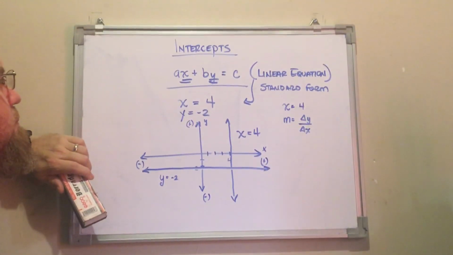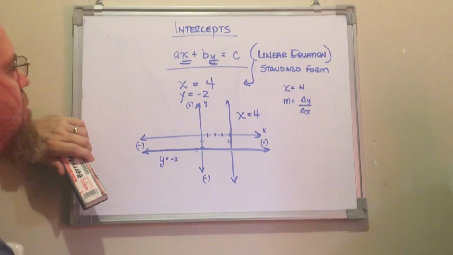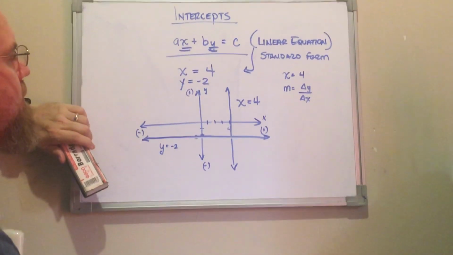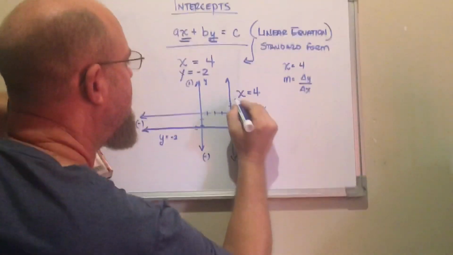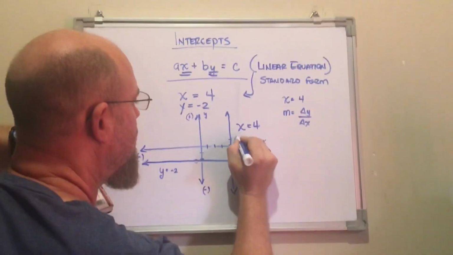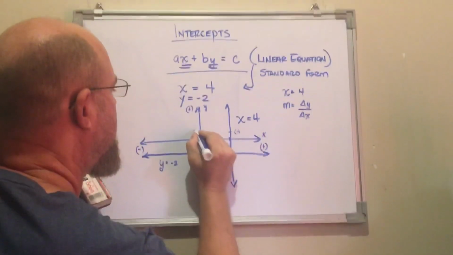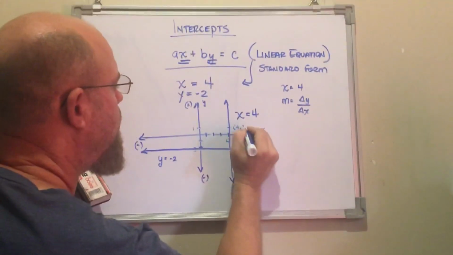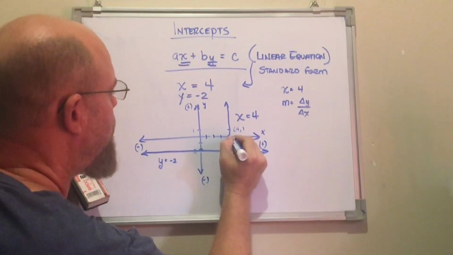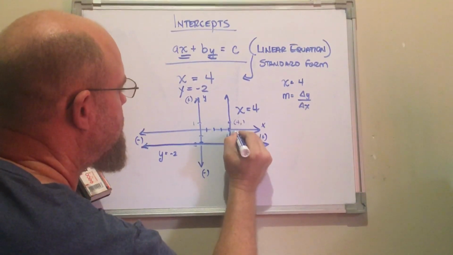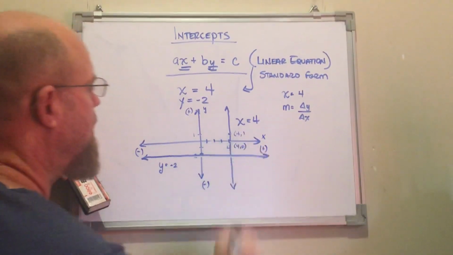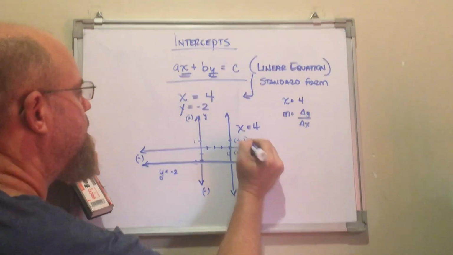So what is the change in y? Well, I can go right here, and this point is (4, 1), and we know that point's on the line, and we know this point's on the line, which is (4, 0), right?